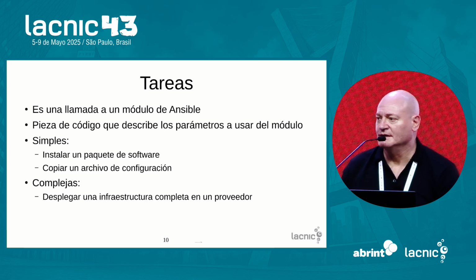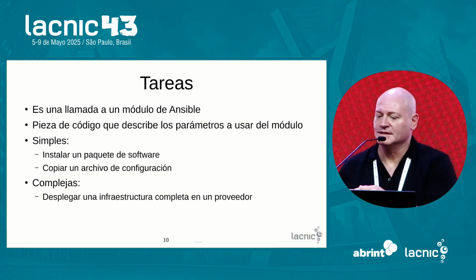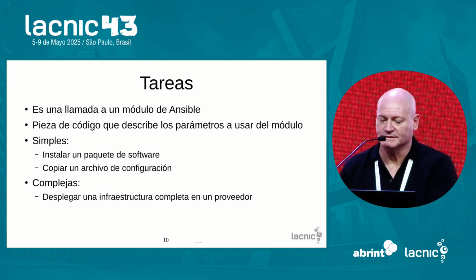The other artifact is the tasks, and here what it does is call an Ansible module. Now we see how you do that. But this is the important part where we define what we want to do. Sometimes to change the configuration we need several tasks and several Ansible modules depending on what you want to do.